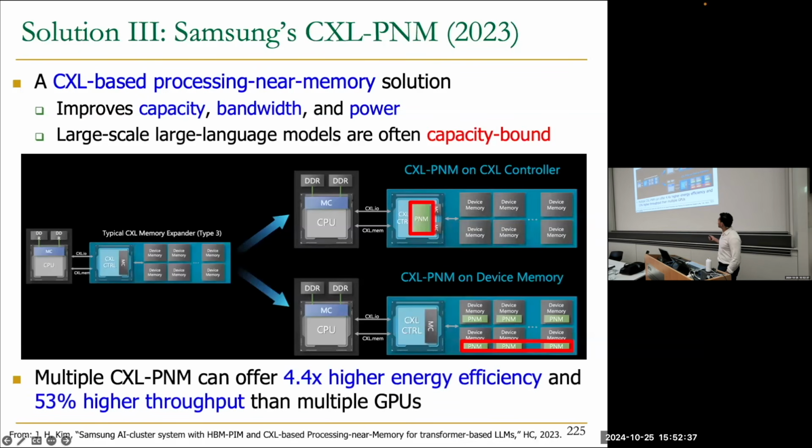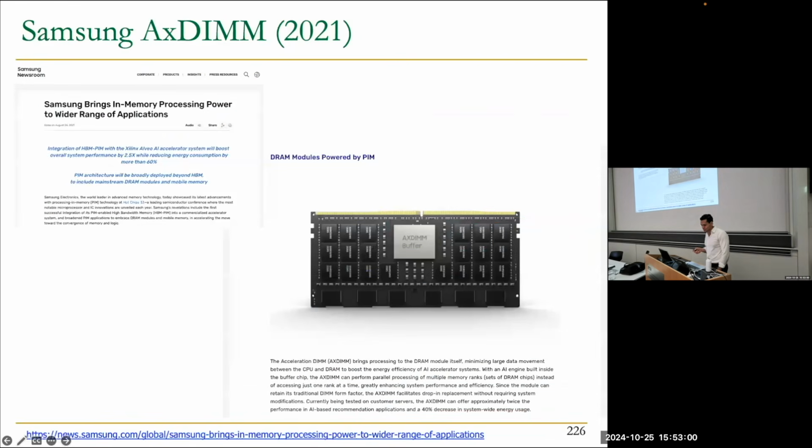And here they have two setups where they add this PIM logic either in the controller of this memory expander or in the memory chip itself, similar to what we just saw for the HBM2 and the low power DDR chip itself. For these ones, they don't have a design, it's just more conceptual, but it should probably be quite similar to the other two that I just mentioned.